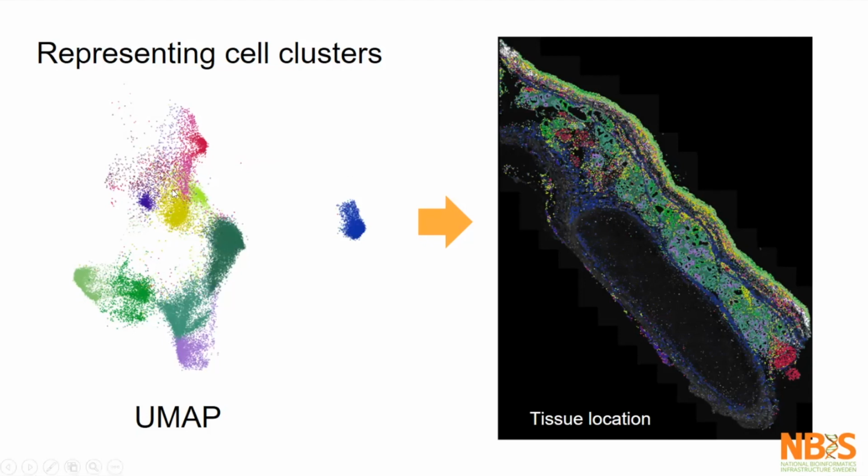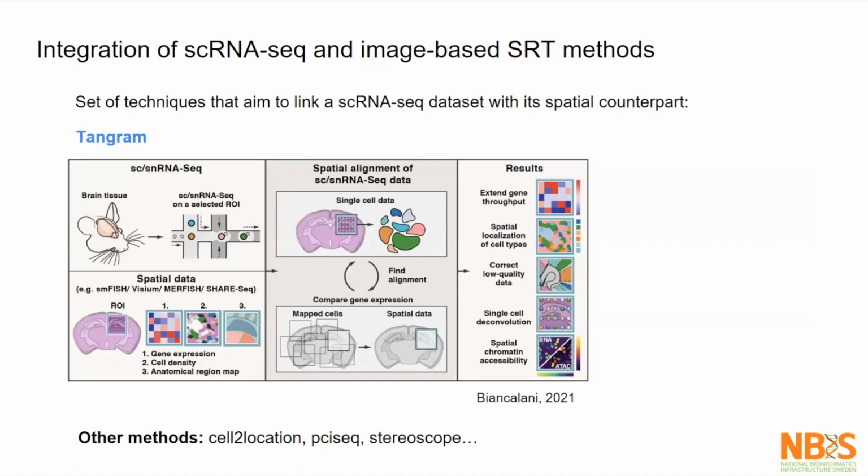This type of task is, of course, not relying on any prior, but one thing that can be very helpful when you are analyzing a spatial data set is to have a reference single cell or single nuclei RNA-seq. And there have been a set of techniques developed which aim to integrate single cell RNA-seq datasets with spatial transcriptomic datasets like ISS, and this set of tools also works with ST-Visium.